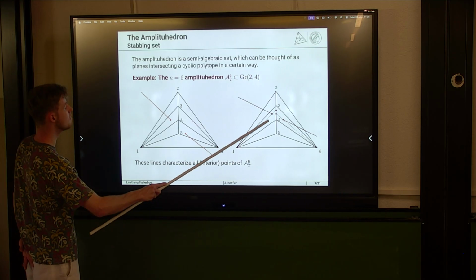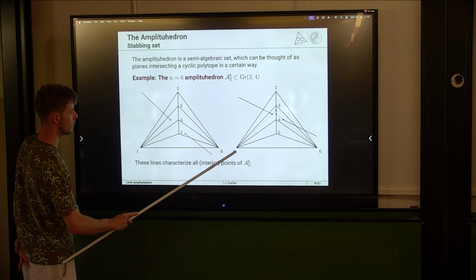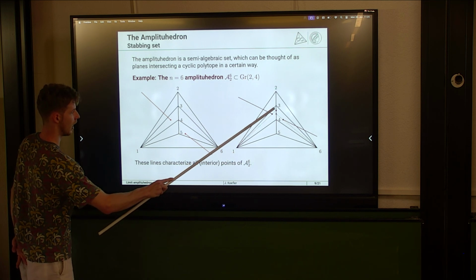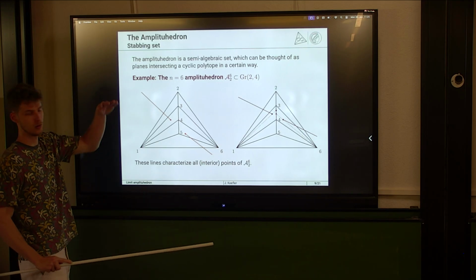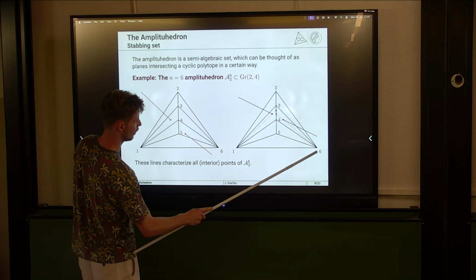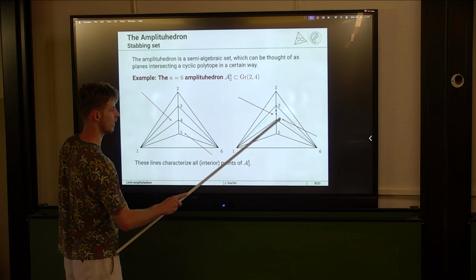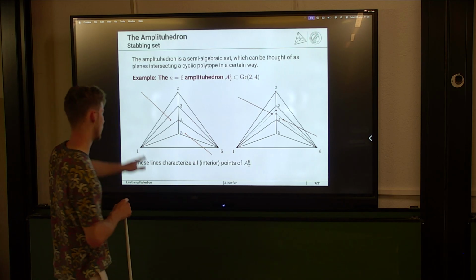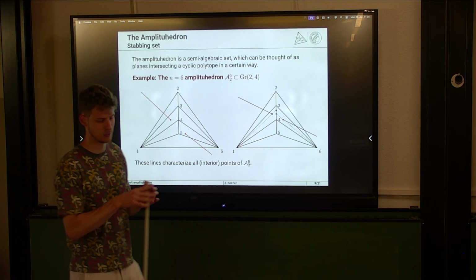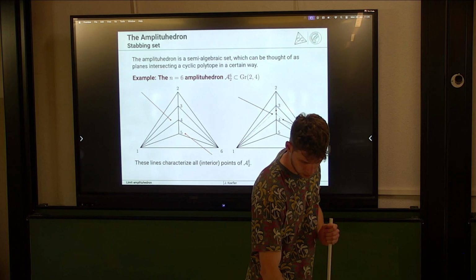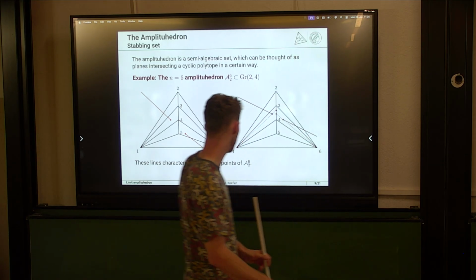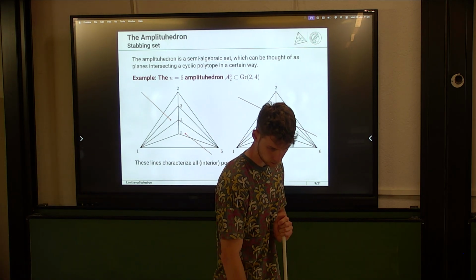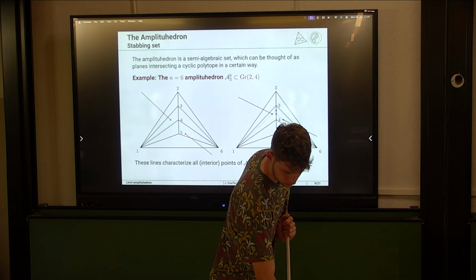And this line still might be in the amplituhedron if the projection from the intersection point of the line with the facet 1, 3, 4 up to the edge 3, 4 is higher up than the same projection of the intersection point from 6 onto the same edge, where the line exits it. It's basically the same idea as the first one, but just a bit more nuanced. This was a tool developed by the authors of the paper whose theorem I've just shown you, and it's going to be useful for us in just a second.